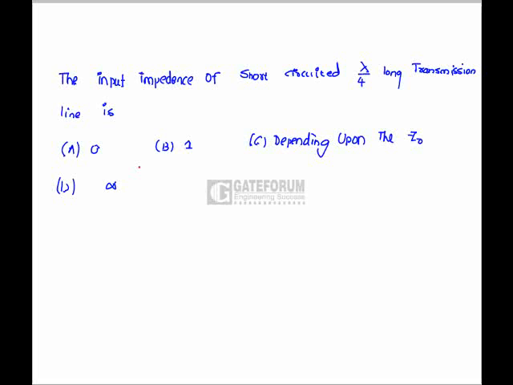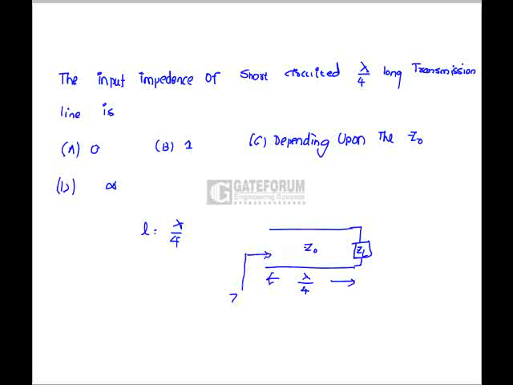What is the input impedance of a short circuited lambda by 4 long transmission line? We know that if the length of the transmission line is lambda by 4 and it is terminated with ZL, with characteristic impedance Z0, then looking from here, this is Zin.